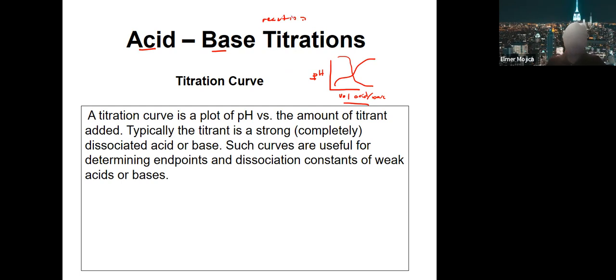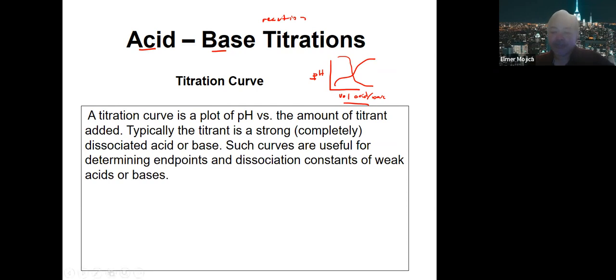When we have a curve, it is useful to determine the endpoint and dissociation constant of weak acids and weak bases. There are several conditions that we have on the acids and bases.